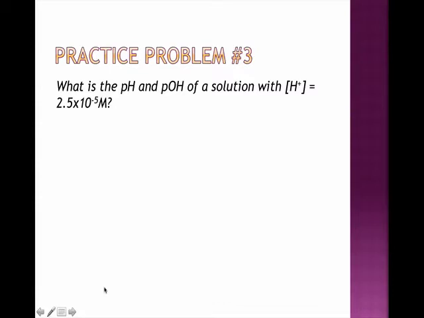Okay, practice problem number 3 says, what is the pH and pOH of a solution if the hydrogen ion concentration is 2.5 times 10 to the negative fifth molar? Since I'm given the hydrogen ion concentration, I'm going to be able to find the pH first, because the pH is equal to the negative log of the hydrogen ion concentration. So on my calculator I'm going to put negative log, and the log should just be a button that says log.